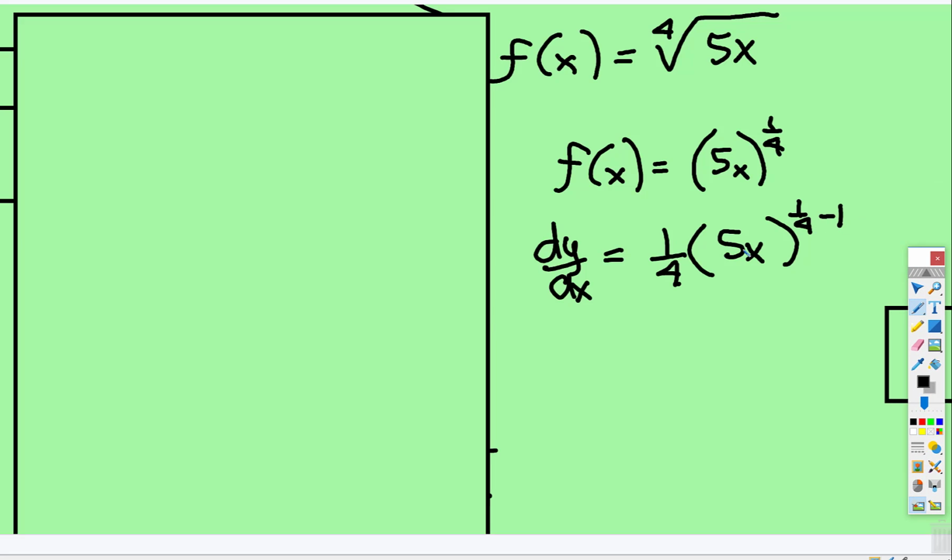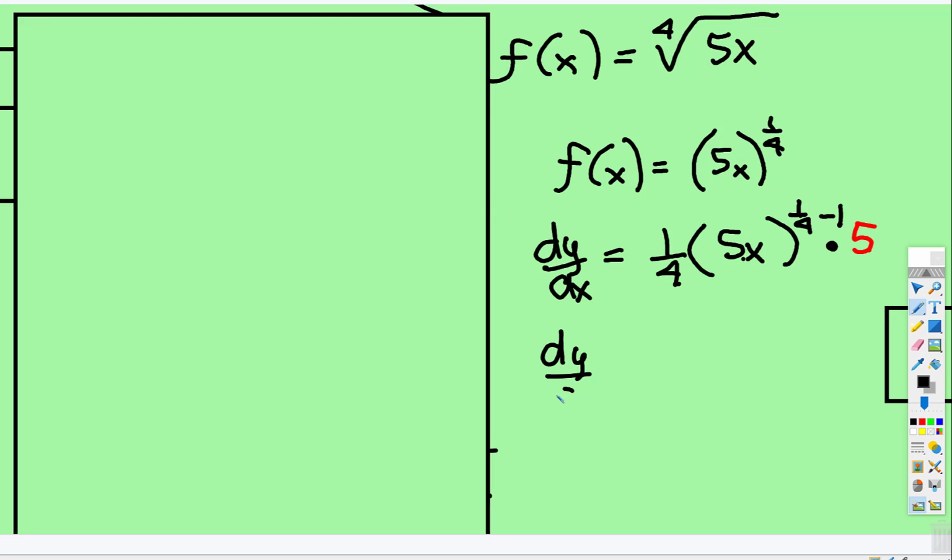And then look, there is a function inside a function. So now we have to multiply by the derivative of this function. So this is not only a radical, but a chain rule. So now we have to multiply, the derivative of 5x is 5. So let's simplify all of that.